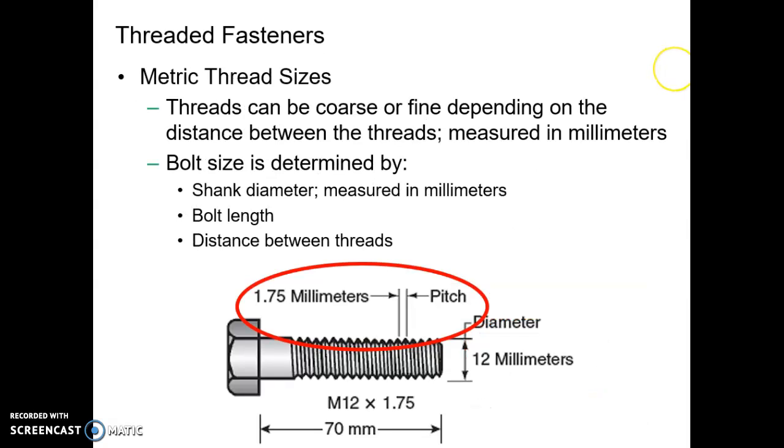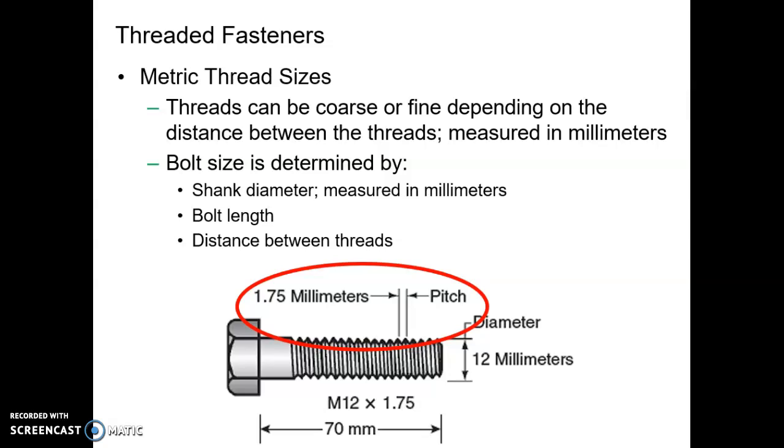Metric fasteners can also be coarse, fine, or extra fine, depending on the distance between the threads, which are measured in millimeters. A metric bolt is similar to a USCS bolt, but there is at least one major difference. Typically, the bolt shank diameter is measured in millimeters. The bolt length is also measured in millimeters.